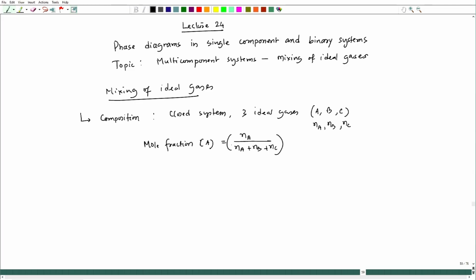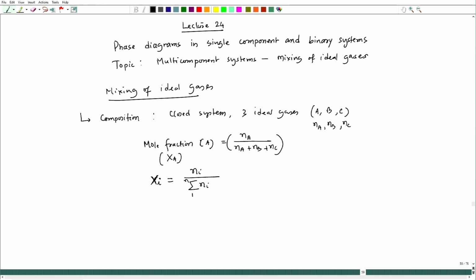Similarly, for any component Xi, if there are n components and I try to calculate the mole fraction of the ith component, I can write it as Ni divided by the summation of Ni from 1 to n. So, that becomes my mole fraction.